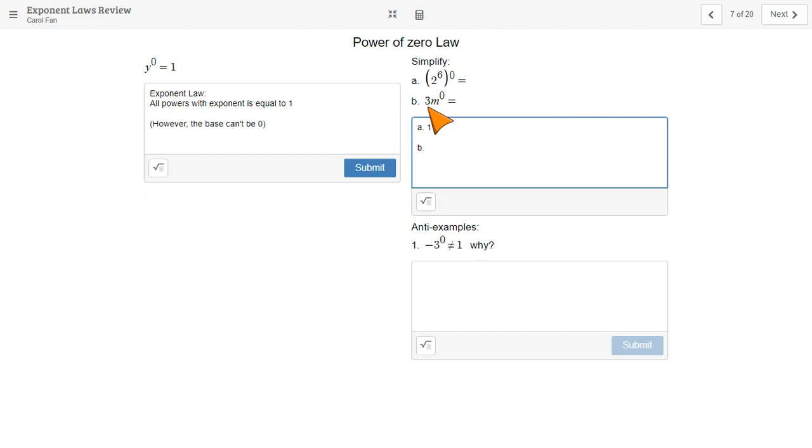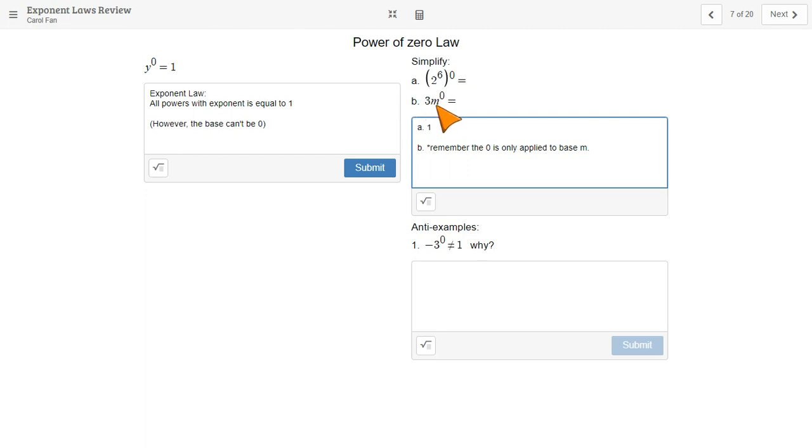Next example, we have 3m to the power of 0. Well, here's a note. Remember, the exponent 0 is only applied to base m. Because the 3 isn't directly in front of it, the 3 is a coefficient.